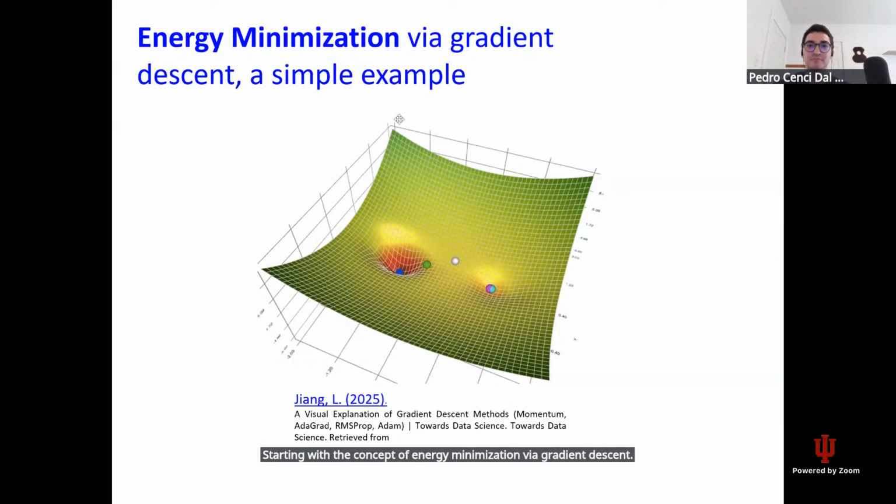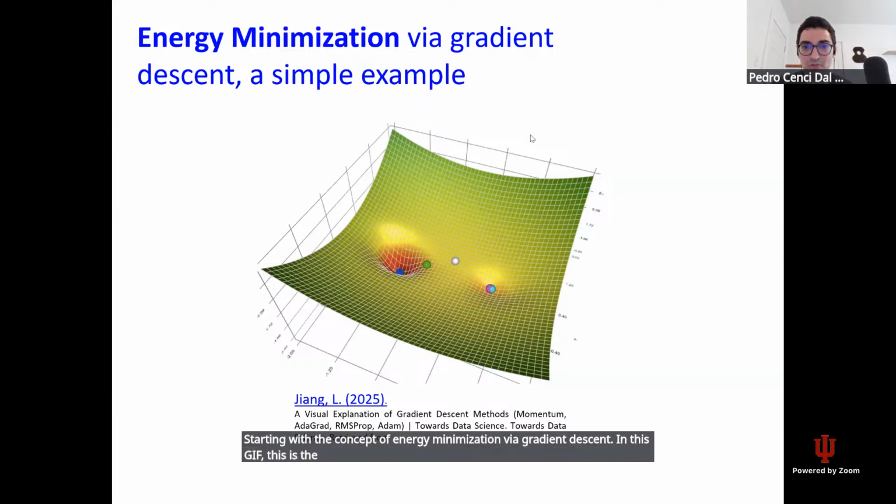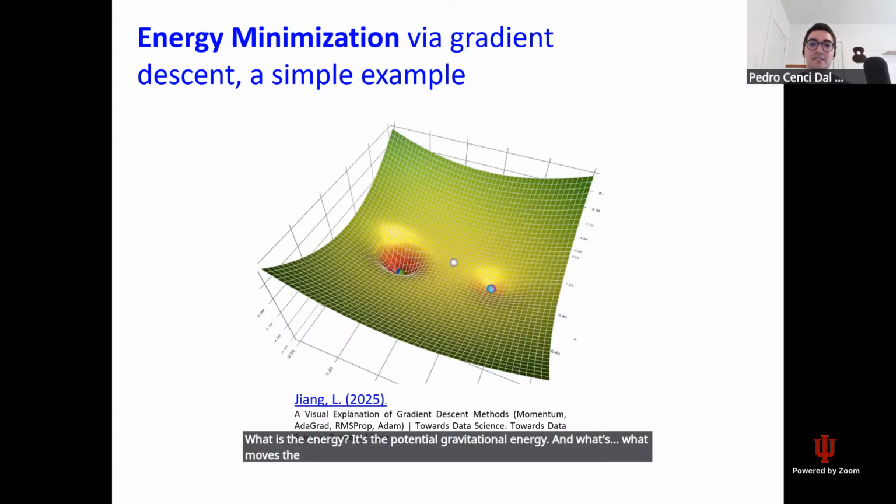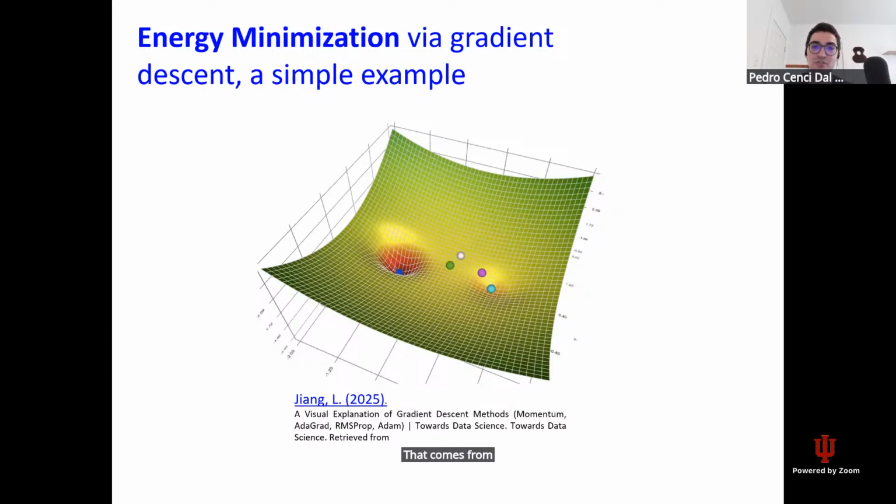In this GIF, this is the simplest possible example of energy minimization via gradient descent. You have balls rolling downhill. That's it. That's the example. What is the energy? It's the gravitational potential energy. And what moves the balls downhill is the force that comes from this potential energy.